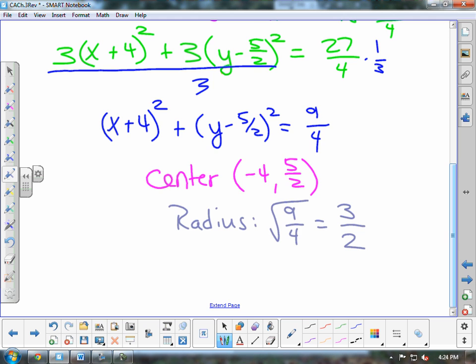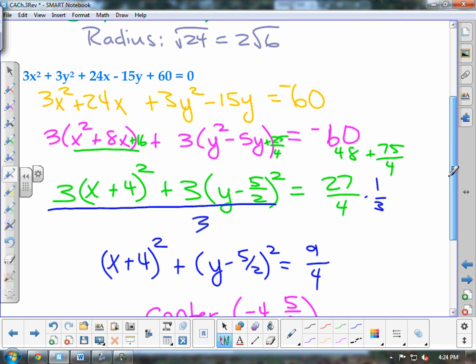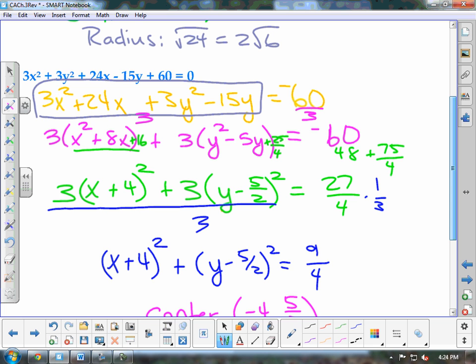Now, one other way that you could have done this problem: when you got to this point right here and you move that 60 to the other side, you could have divided the whole problem by 3 on both sides, and then you would just have those gone, and this would have been 20 over here.